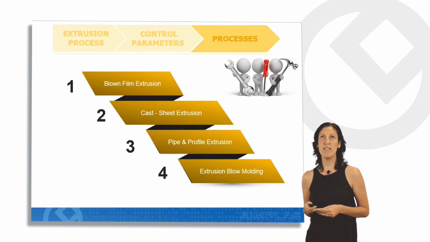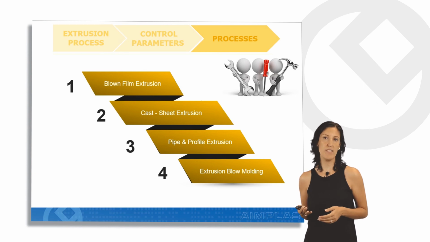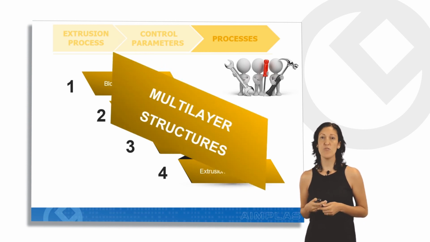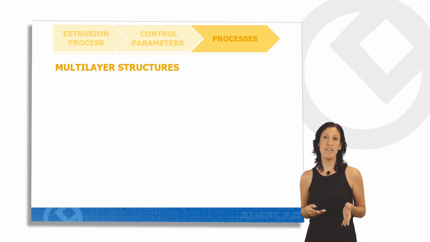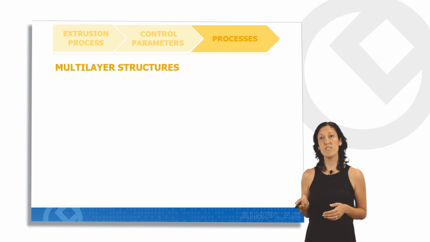This is because sometimes we need to obtain a final product with desired properties, but we couldn't reach all of these properties with just one material. So in this case, we use multi-layer structures.